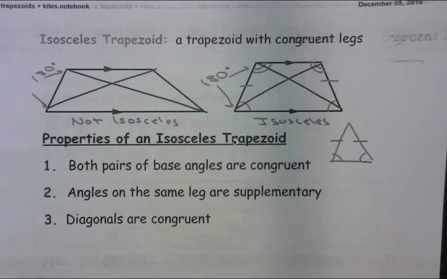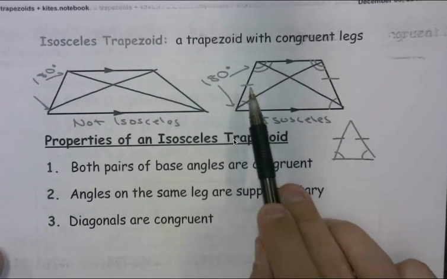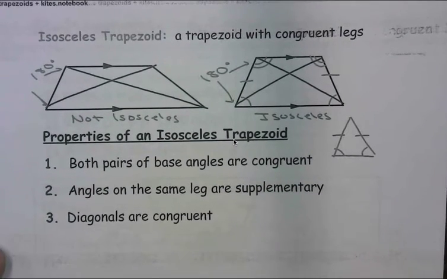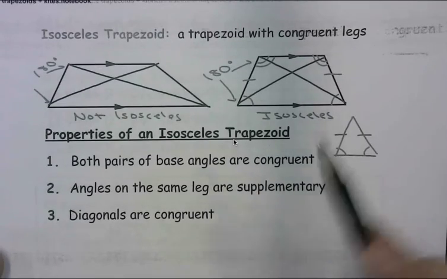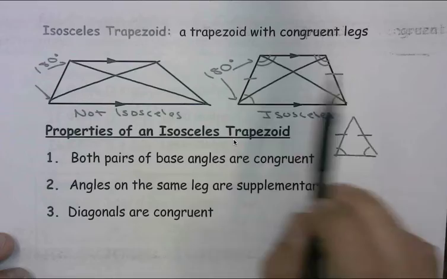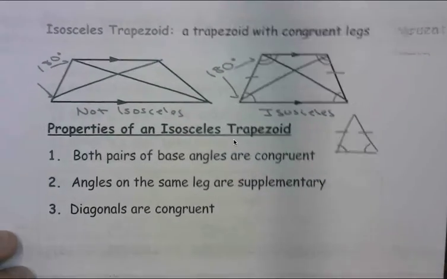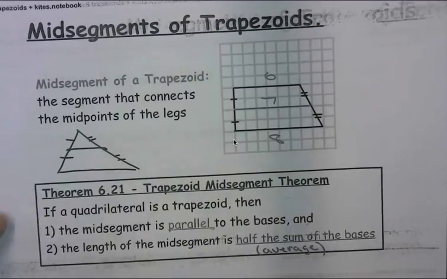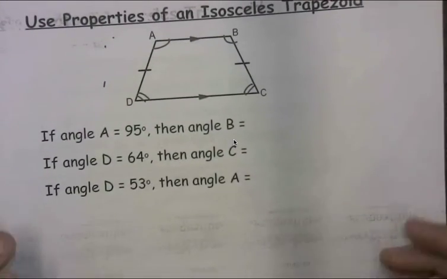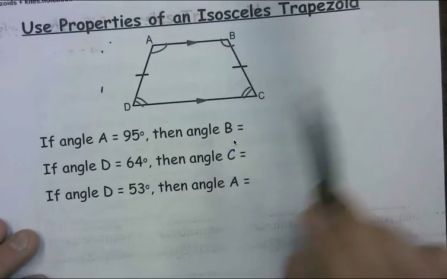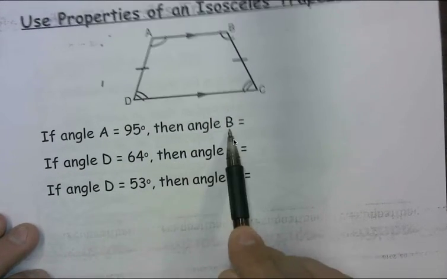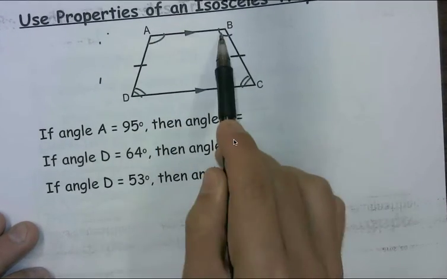With an isosceles trapezoid, this deals with when both of the side legs are congruent. The angles still hold true, so we may come across an isosceles trapezoid if both of the legs are congruent. In this example seen here, using the idea of an isosceles trapezoid, if we had angle A at 95 degrees, then angle B would have to be congruent to that.